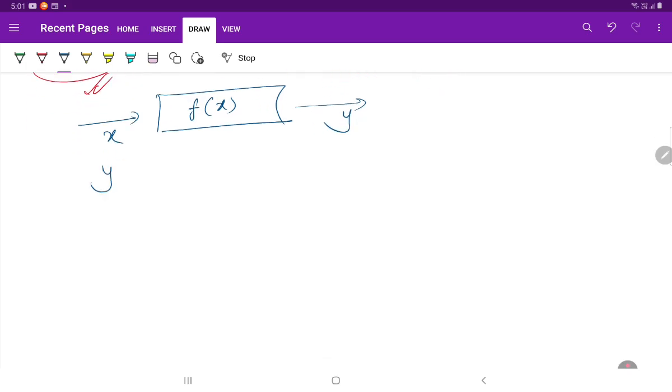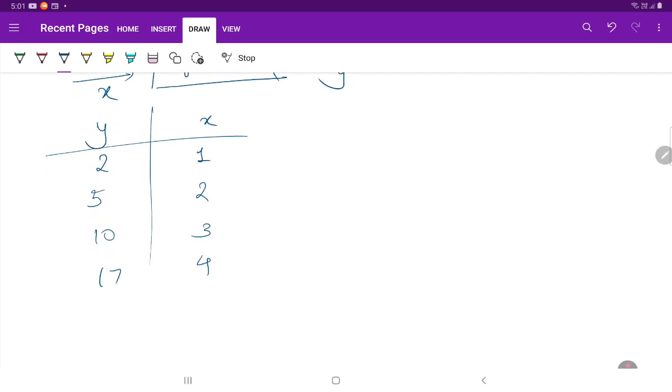Now we are given a table, y as a function of x. So it's like 1, 2; 2, 5; 3, 10; 4, 17. Now if you observe the values, you can see that it's written as y is equals to x square plus 1.